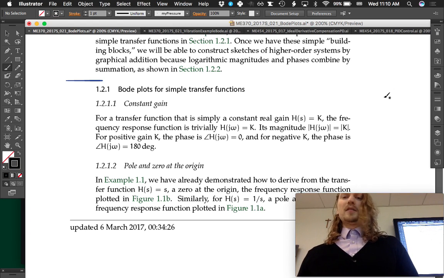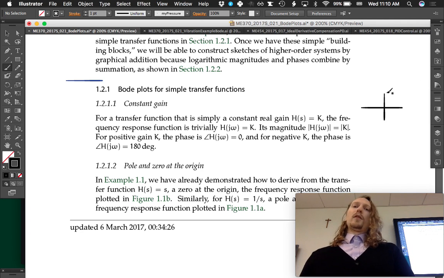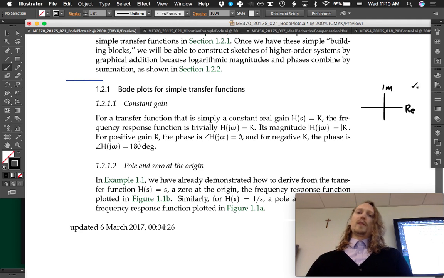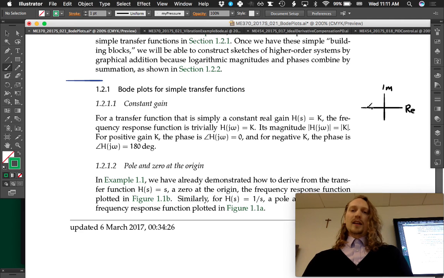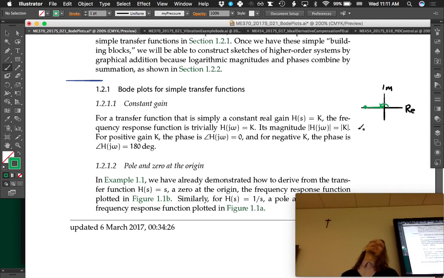So I always think in terms of the complex plane here. Imaginary, real, right? So negative 5 on the real axis is out here. The phase is always measured from the positive real axis over to here. So it's pi, or 180 degrees.